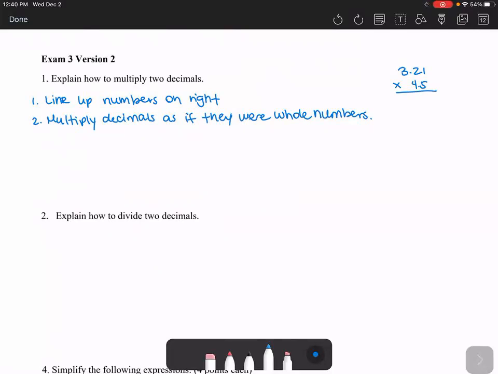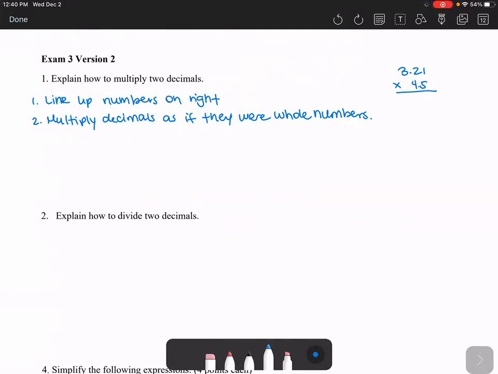Multiplying them normally doesn't tell me to multiply them as if they're whole numbers, right? Some people may consider decimal multiplication the normal way to do it. So yeah, if you put normal, you definitely got points off just because that doesn't tell me how to do it. But if you say multiply them as if they were whole numbers, that tells you use the whole number multiplication algorithm that we know.